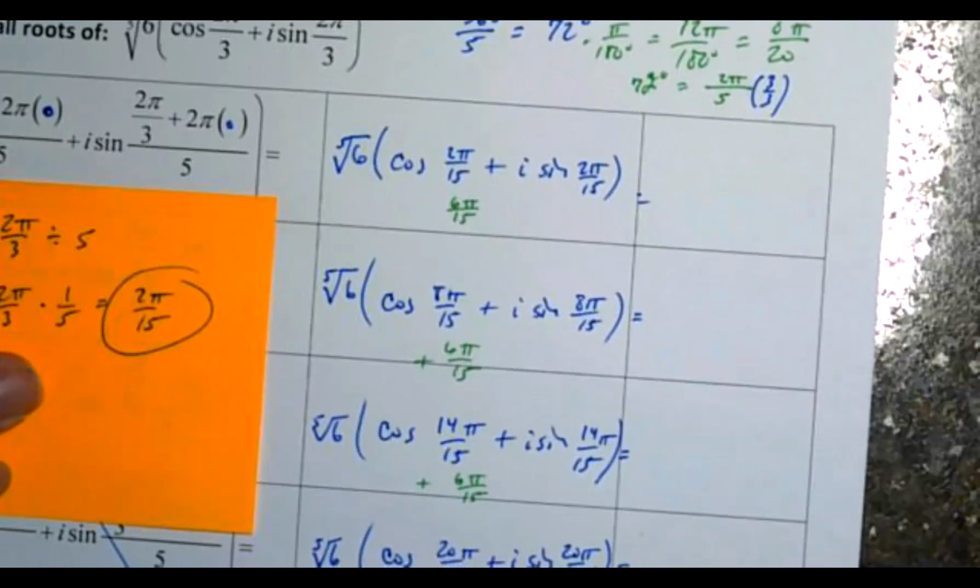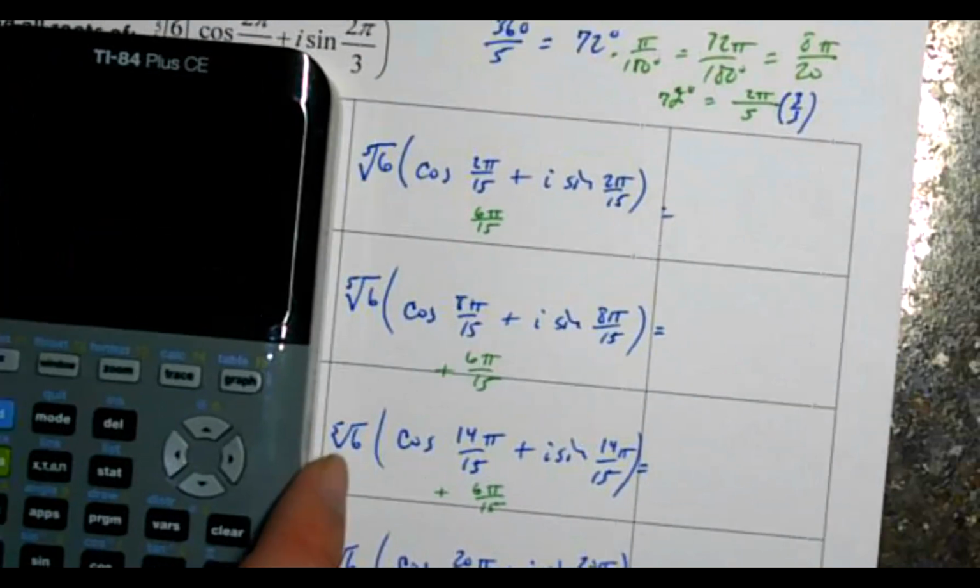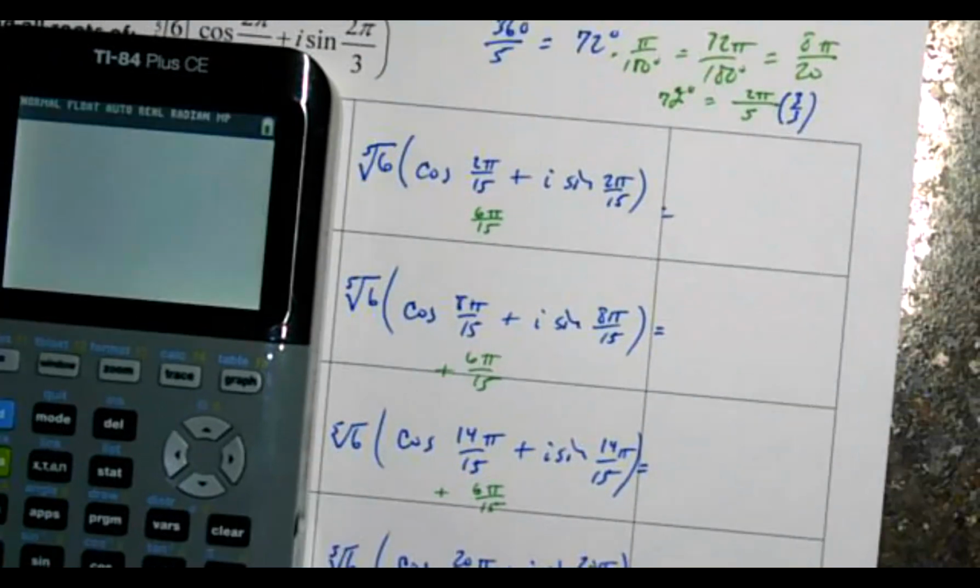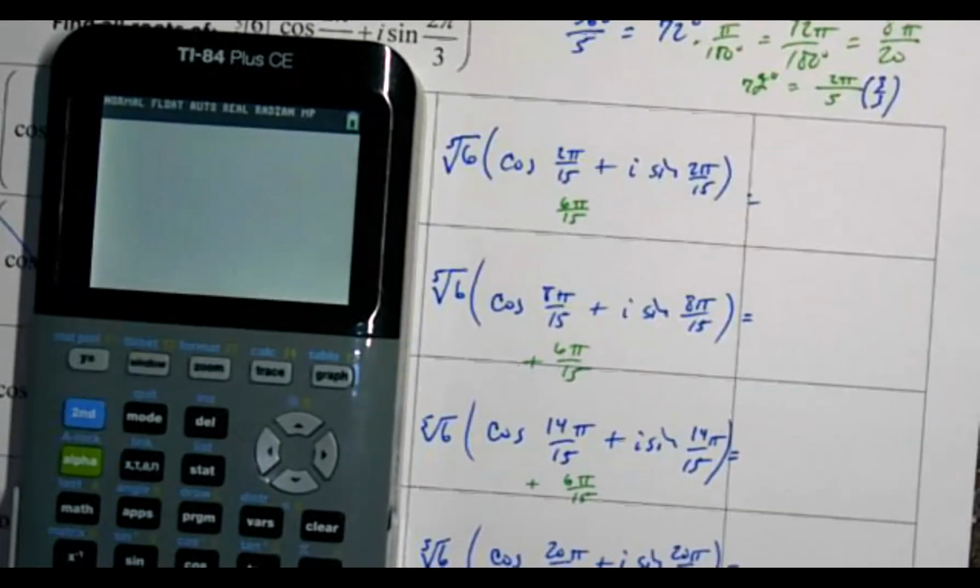And now is calculator time, because there's no other way to get these solutions. What I'm going to do here is I'm just going to type this in. So I have the 5th root of 6, so 6 raised to the 1/5 power times the cosine of 2 pi over 15.